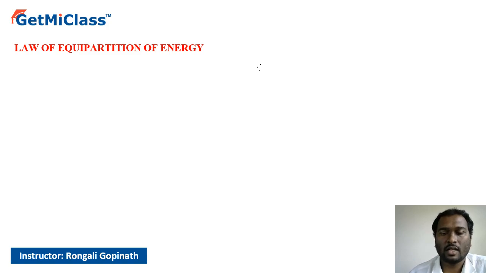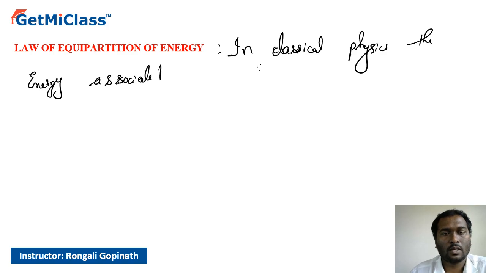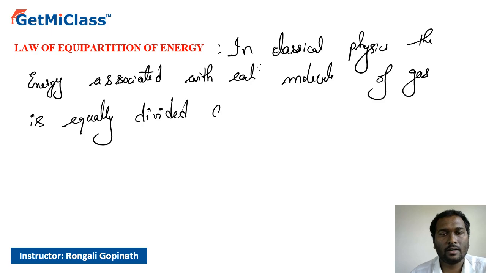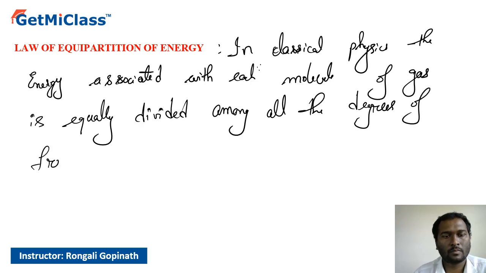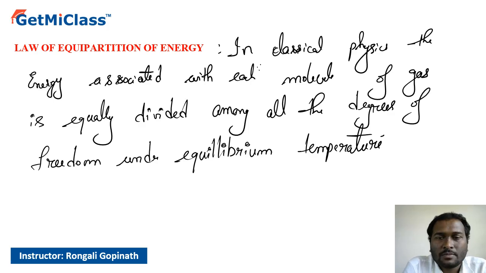Law of equipartition of energy states that in classical physics, the energy associated with each molecule of gas is equally divided among all the degrees of freedom under equilibrium temperature. What is the meaning of this? Let's understand this with an example.